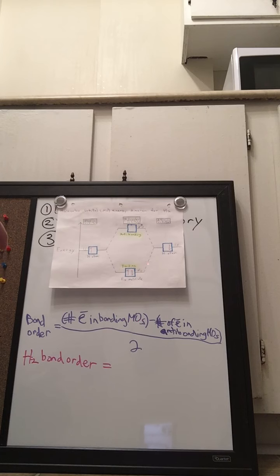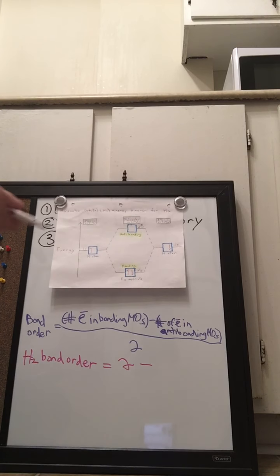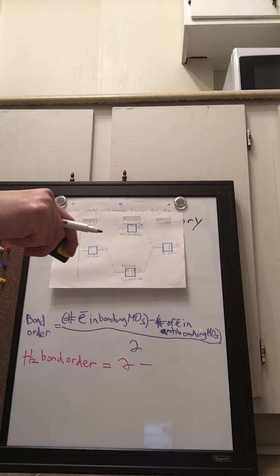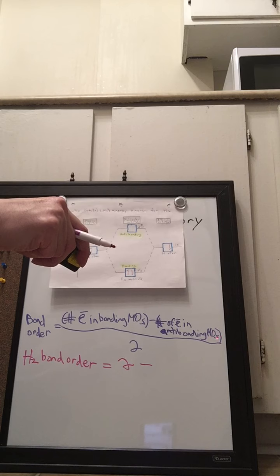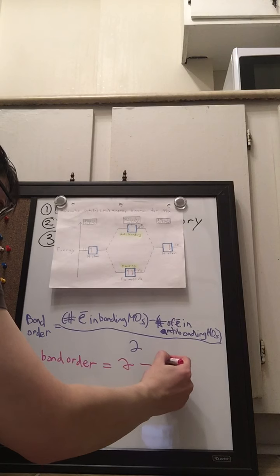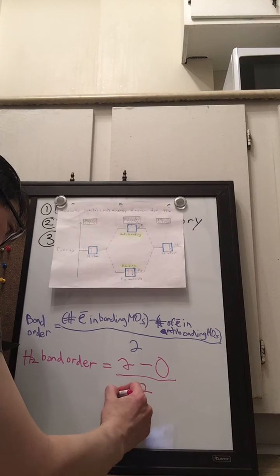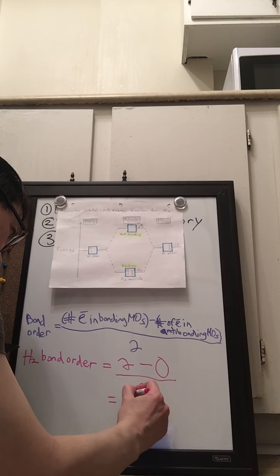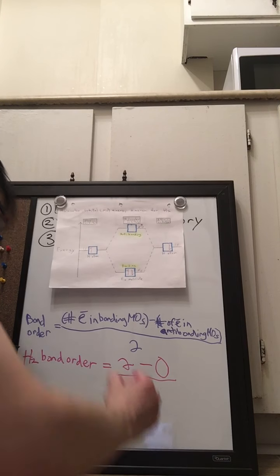We just look at our diagram and we see there's 2 electrons here. Minus the number of electrons in antibonding molecular orbitals, and we look here and there's no electrons there, 0. All that divided by 2 equals 2 over 2 equals 1.